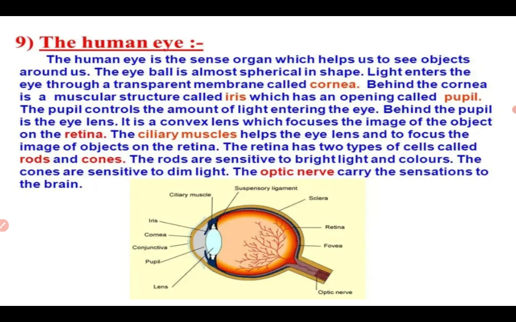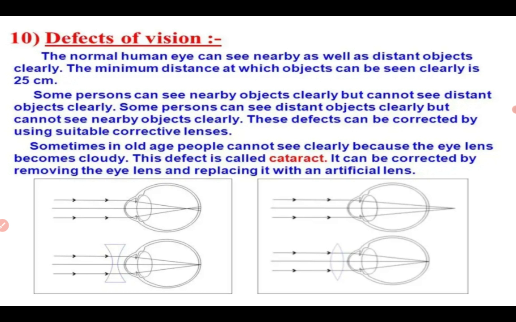This sensation goes to the brain through the optic nerve, and then the brain recognizes the image, and then we identify and know the person, the things and the object.